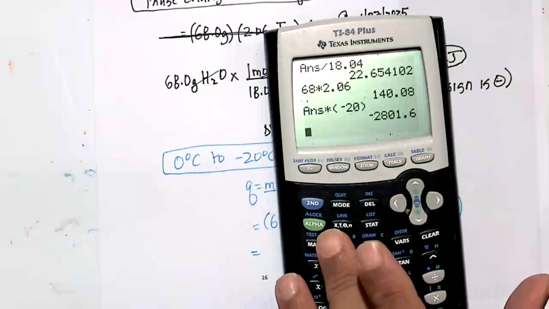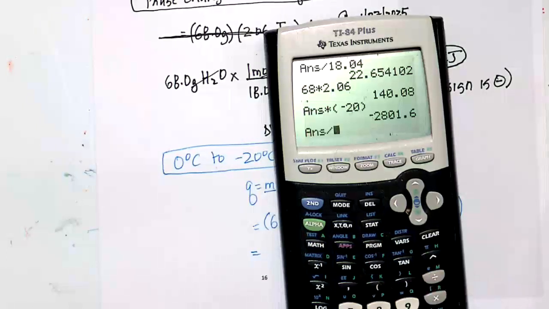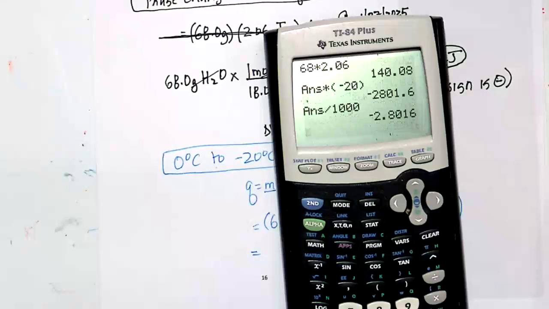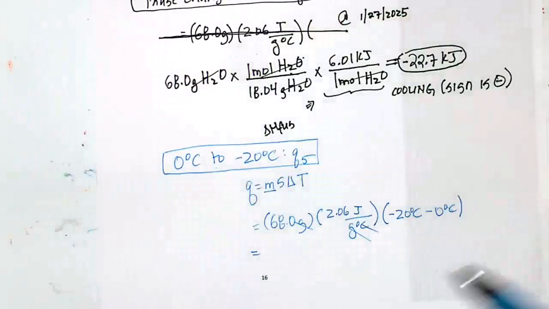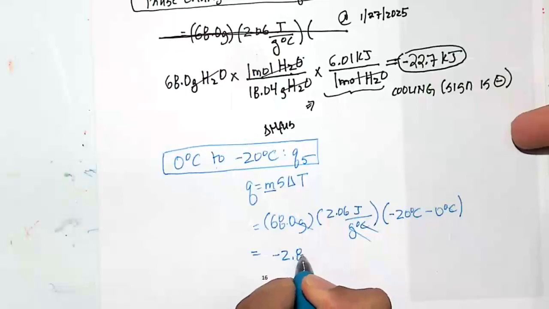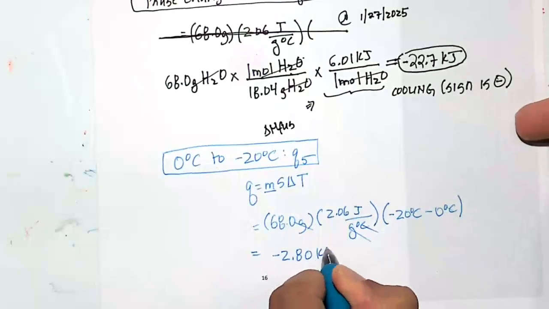Let's divide by 1,000 to get it to kilojoules. Is that okay? That's minus 2.80 kilojoules. This will be minus 2.80 kilojoules.